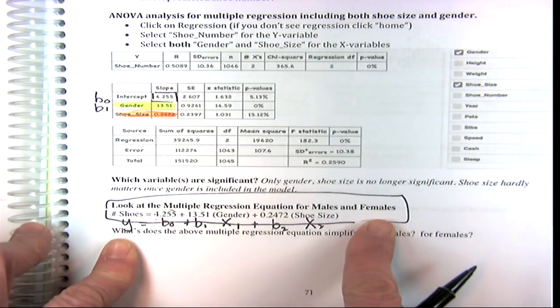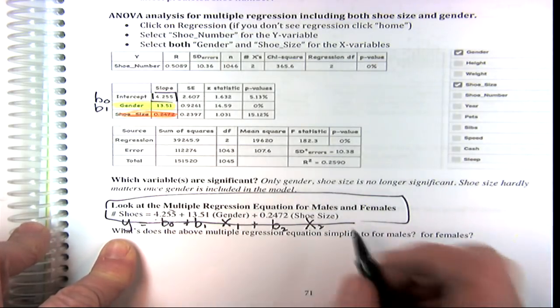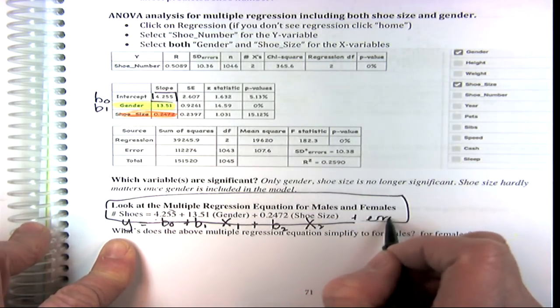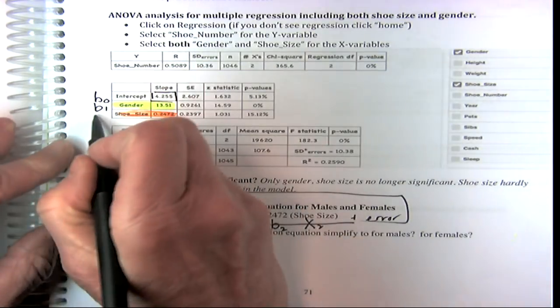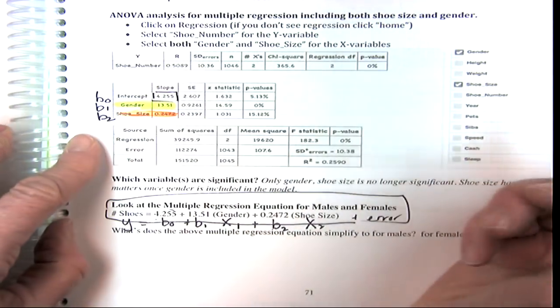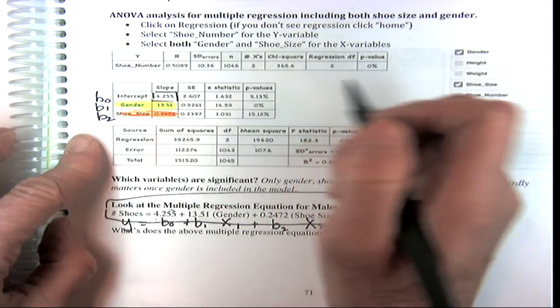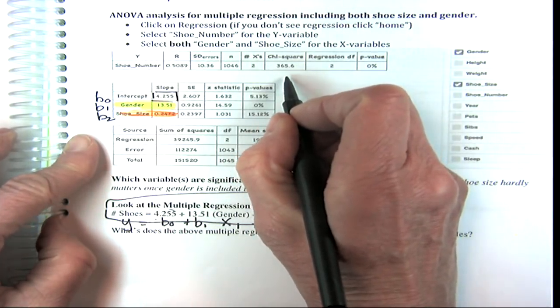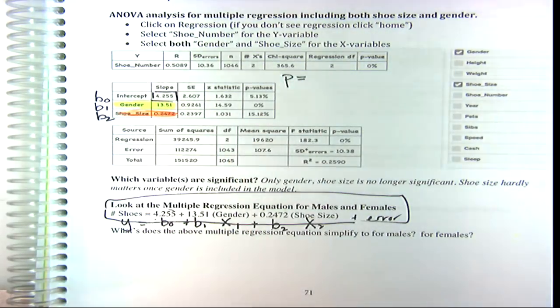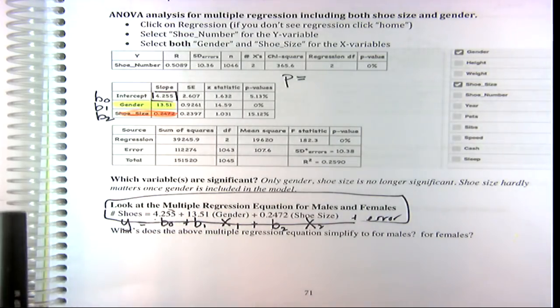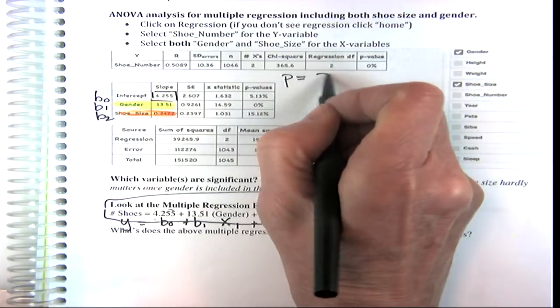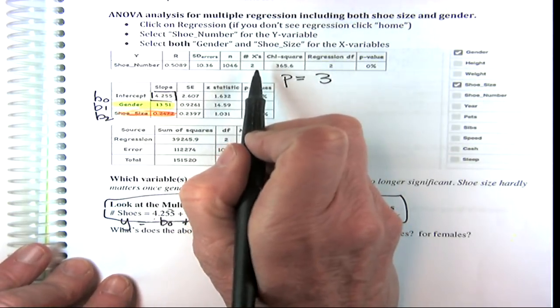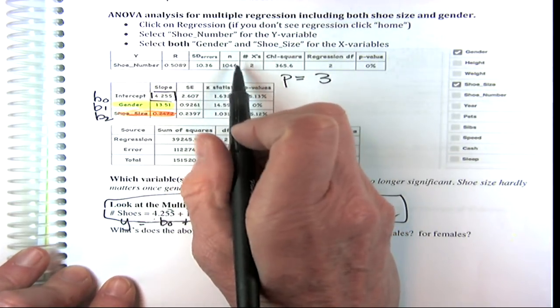All right, and then we have some errors here too. Plus error. Okay, and this one's B2. So now how many parameters do we have? The number of parameters is equal to, what do you think? Anybody, how many parameters do you think we have here? 3 parameters. Look at this. This output on this program says number of x's.